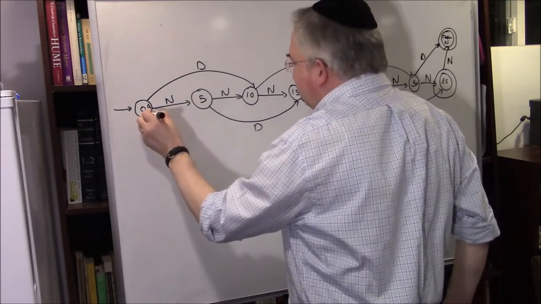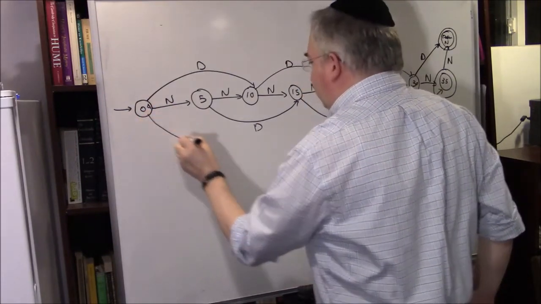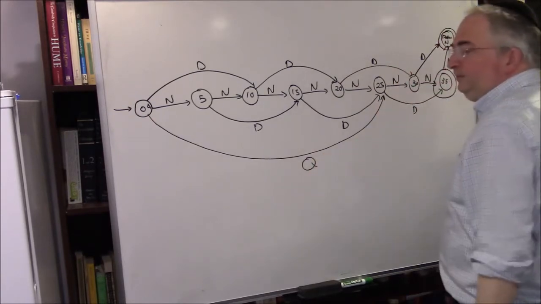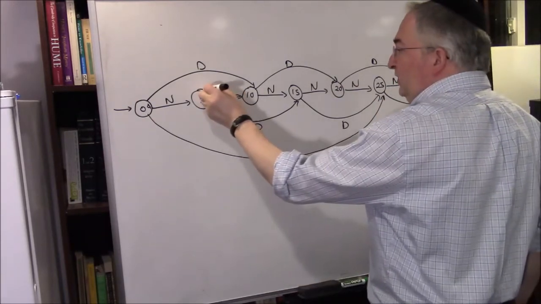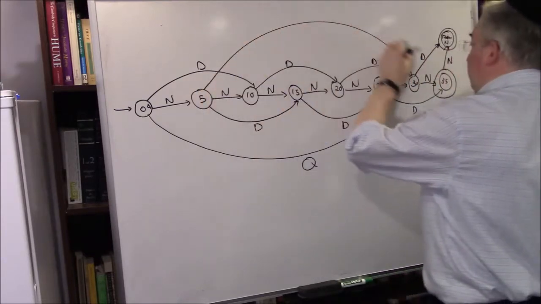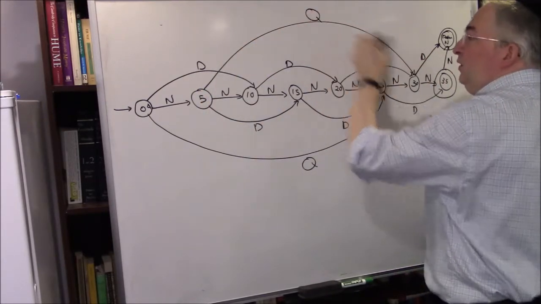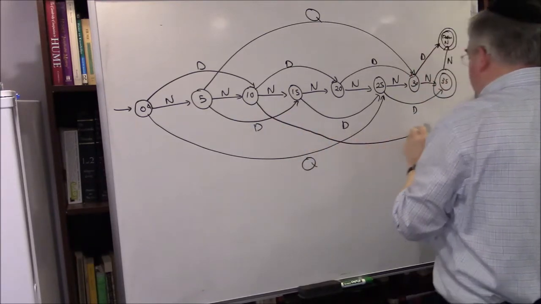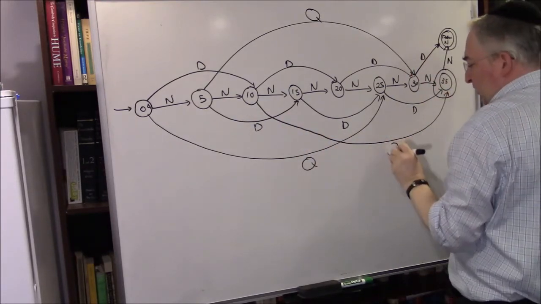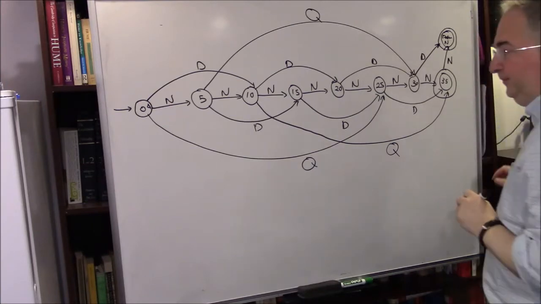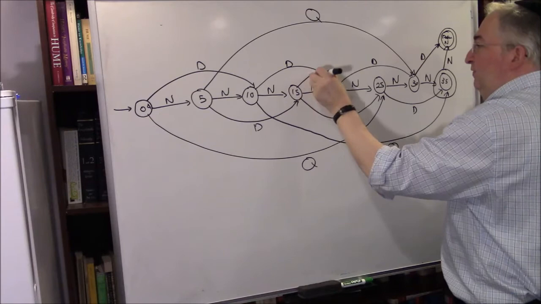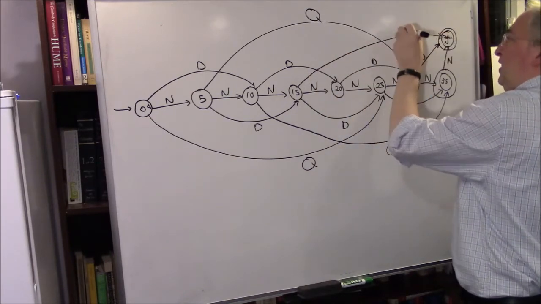Great. Now, what else can happen? Well, I could start here and put in a quarter. Or I can start here and put in a quarter. Or I can start here, 10 cents, put in a quarter, and get to 35 cents. Or I could start here, 15 cents, and put in a quarter.